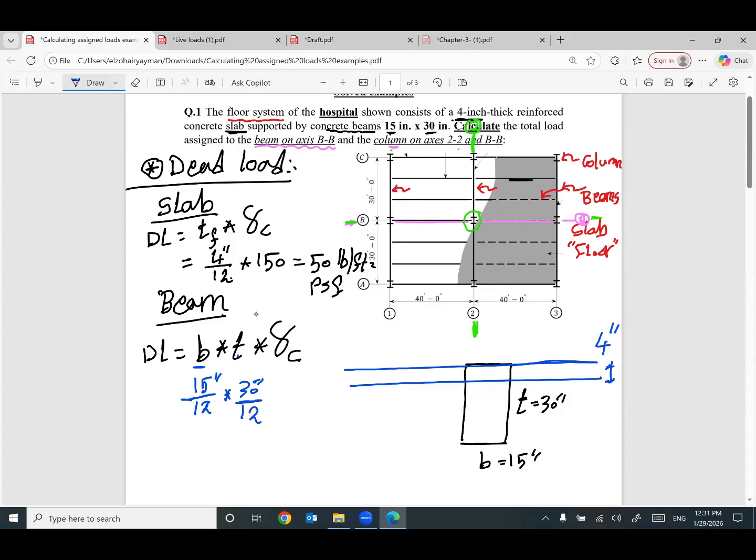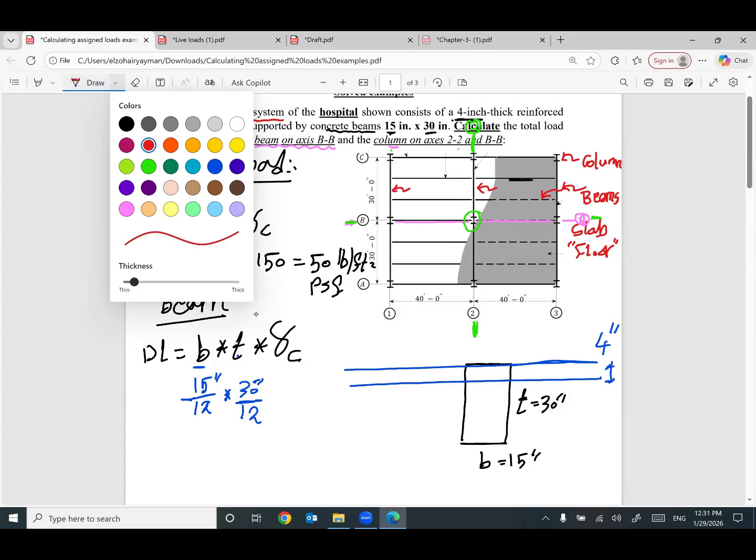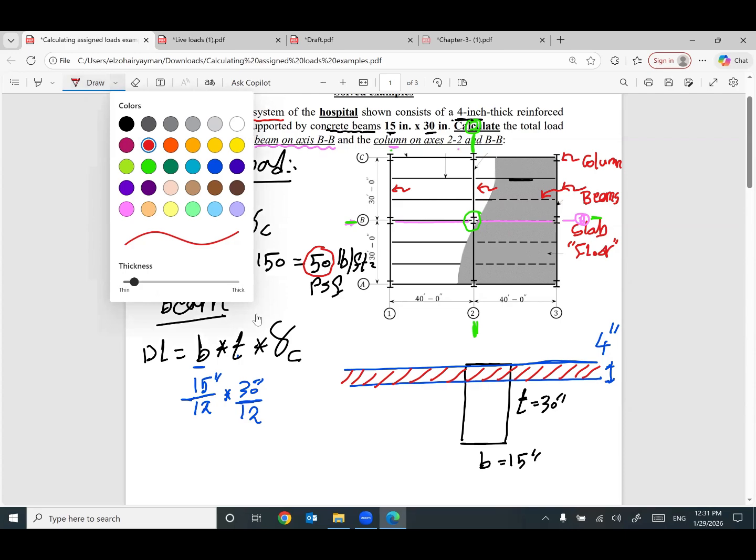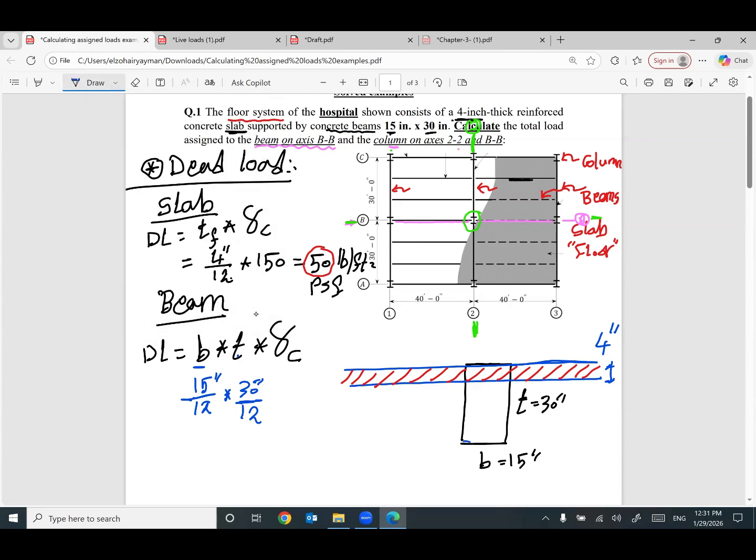Do you know why? Because right now I considered this thickness of the slab to be counted for the dead load of the slab. Now you are going to count B and this T, which is the total area of the beam.